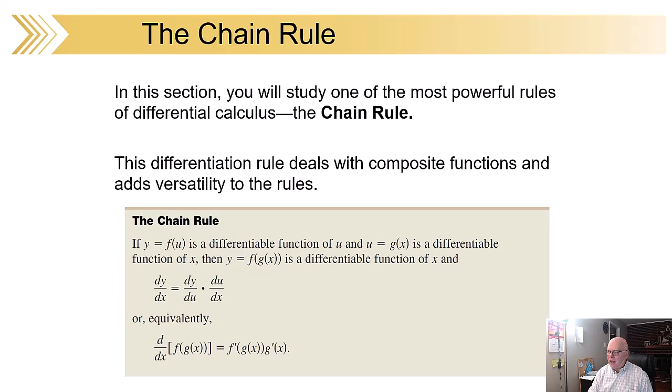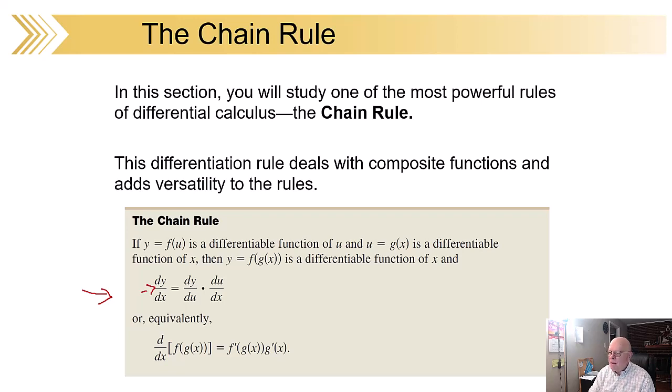All right, here's the chain rule. Now, why do we call it the chain rule? If you look at this first definition down here, it looks like it would be written by Gottfried Leibniz. If you notice, this is the familiar dy/dx.